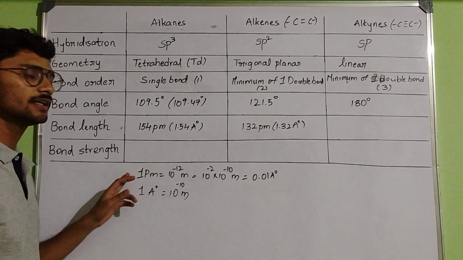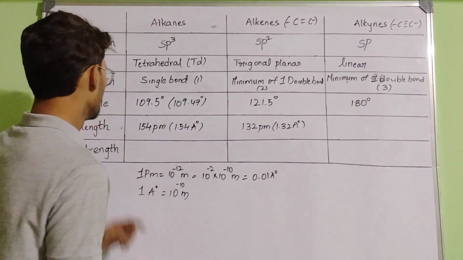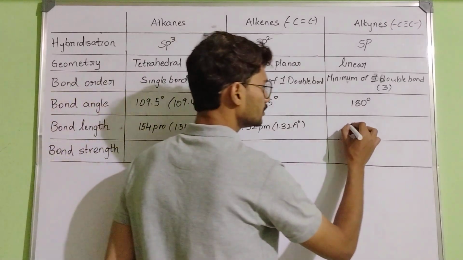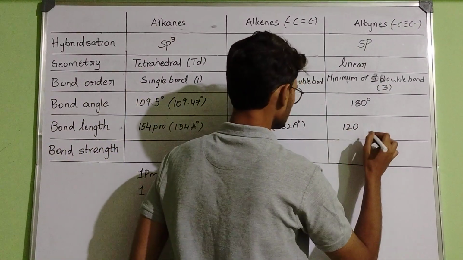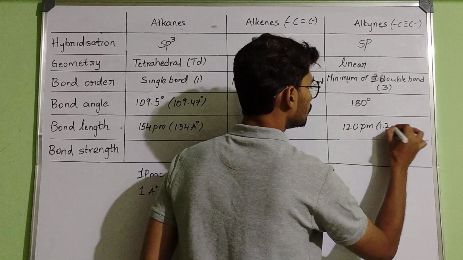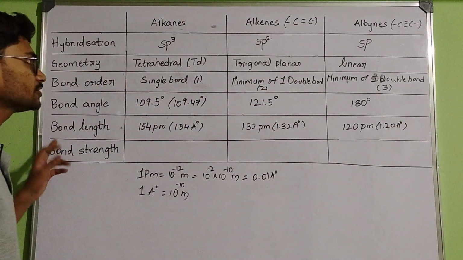So 1 picometer is nothing but 0.01 Angstroms. Now coming to the bond length of alkyne systems, the bond length here is 120 picometers or 1.20 Angstroms.